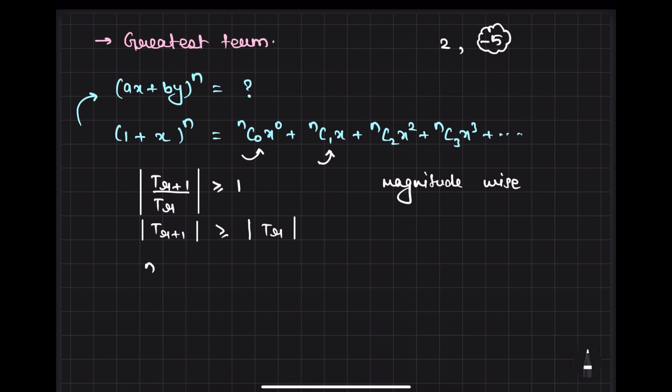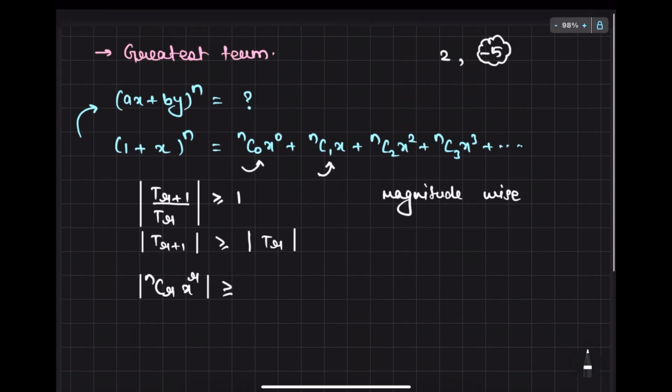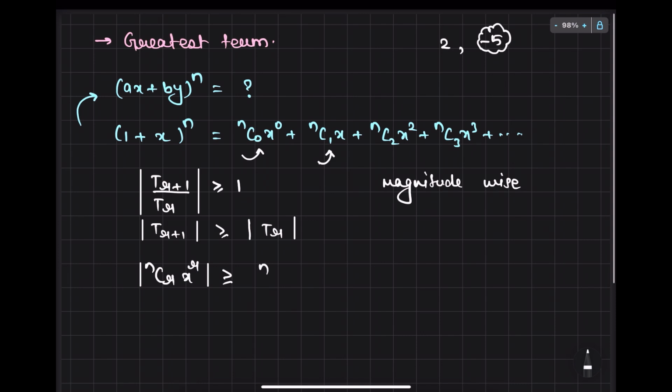So can I write nCr |x|^r greater than or equal to, and here we will have one less, nC(r-1) |x|^(r-1).